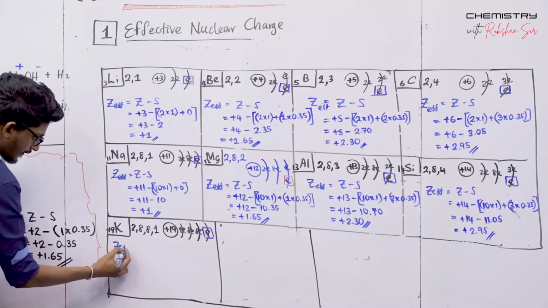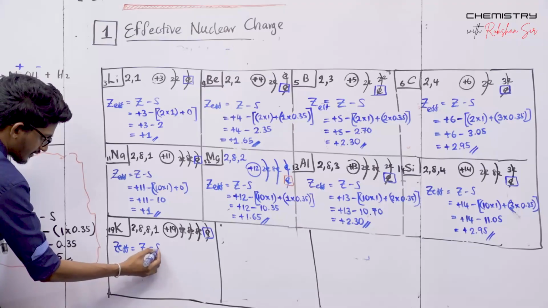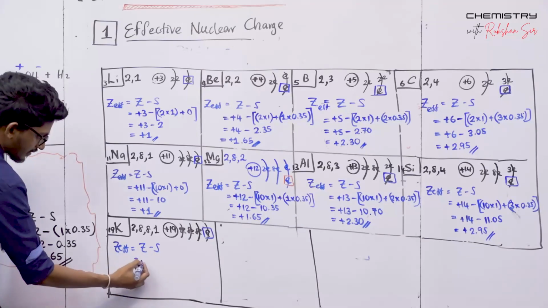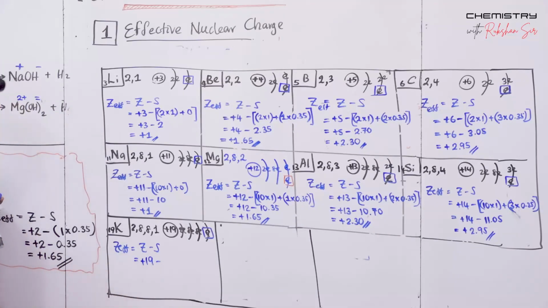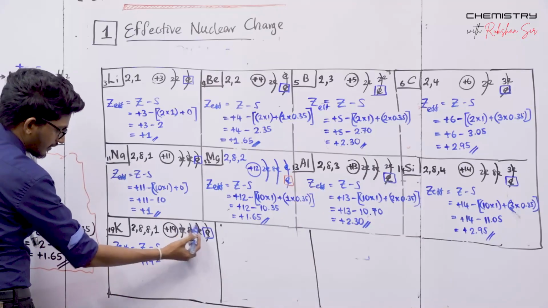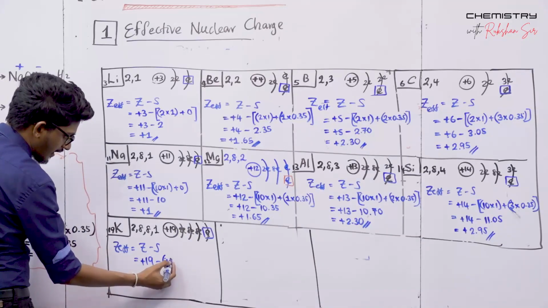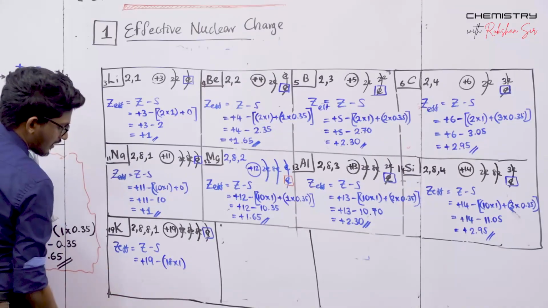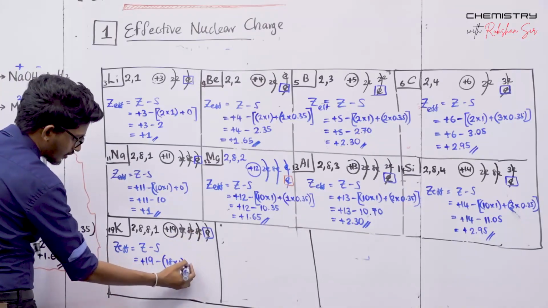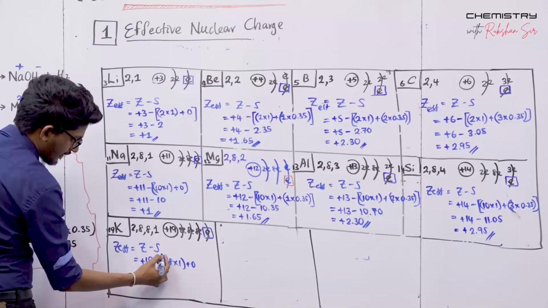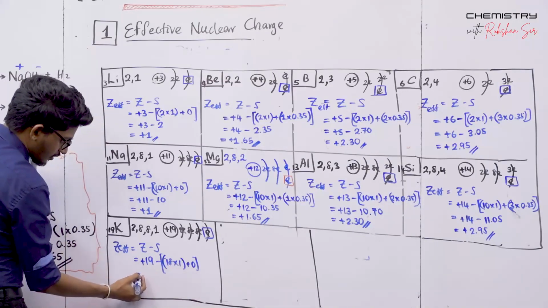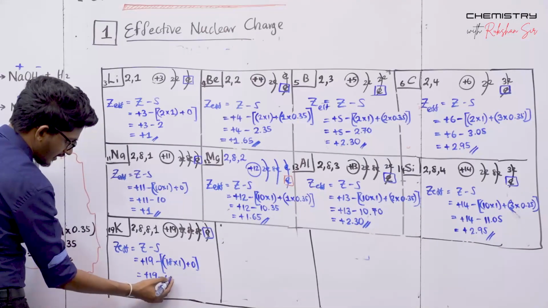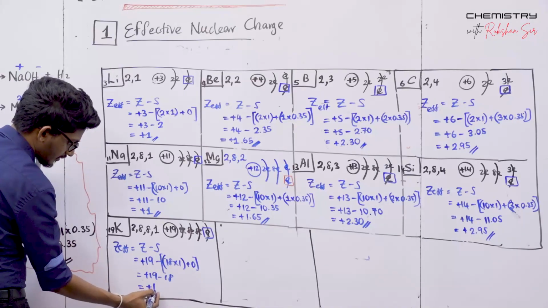So effective nuclear charge is Z minus S. Z is plus 19 minus S. You have 18 electrons as inner electrons, 18 into 1, and you have 0 electrons as own shell electrons, right? So plus 19 minus 18, that is plus 1.